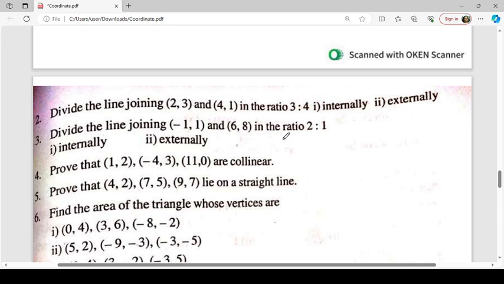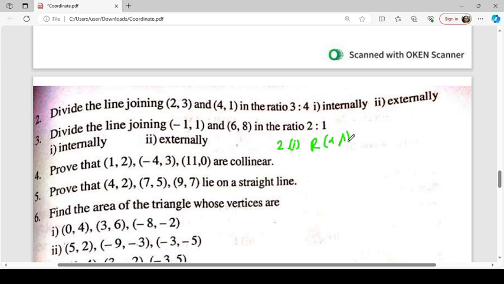So what you can do: (2, 3) and (4, 1), internally. For internal division, AB, it is R (alpha, beta).